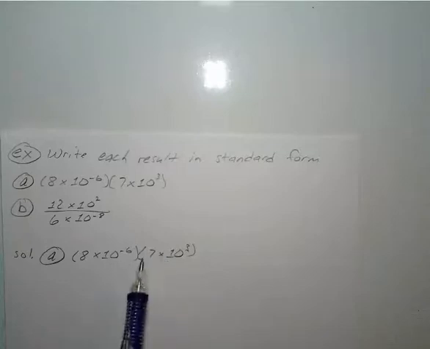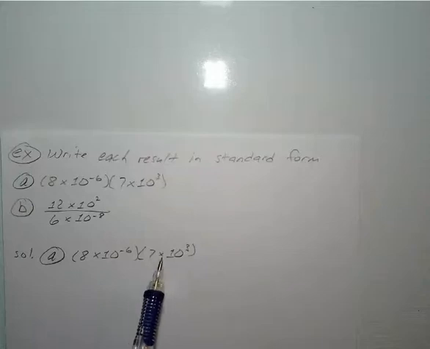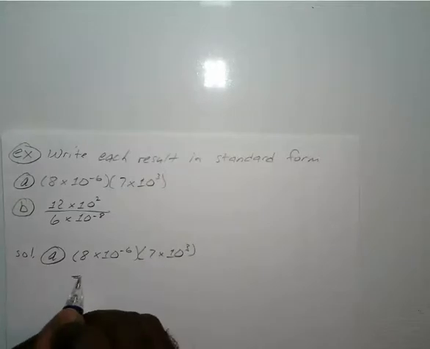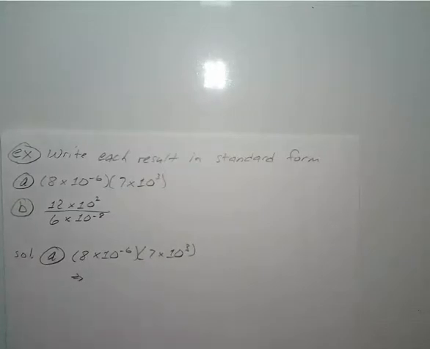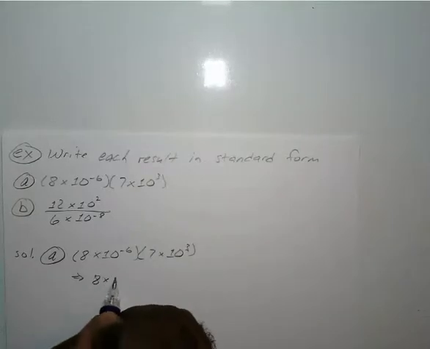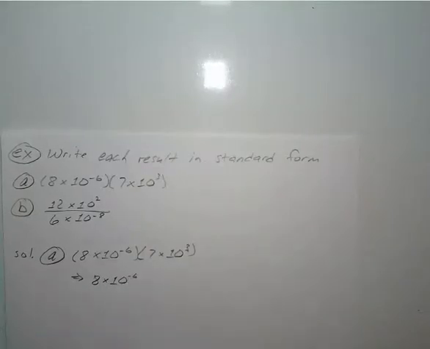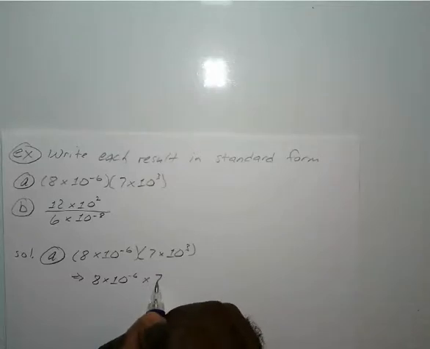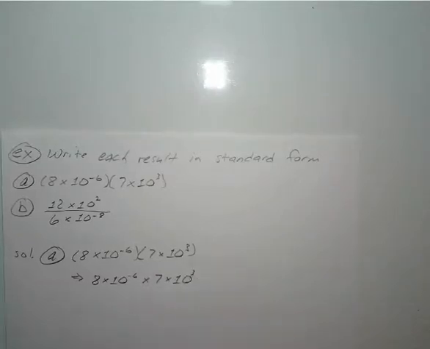Okay, so you can't use the FOIL method because the FOIL method is something plus something and something plus or minus something, but this is all multiplication. So what we're going to do is rewrite it as all multiplication. So really this is just 8 times 10 to the negative 6 power times 7 times 10 to the third power. So it's the exact same thing, just written in a more familiar way.